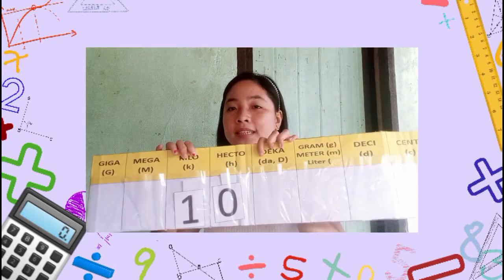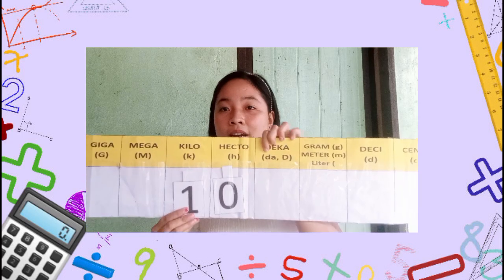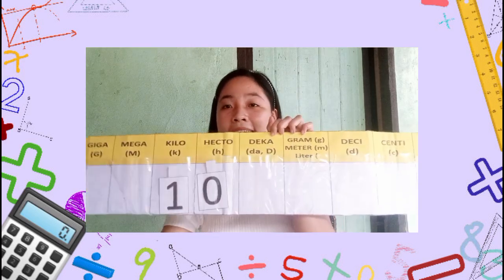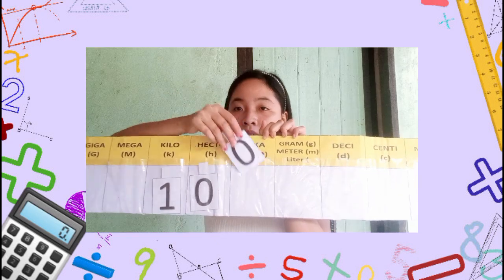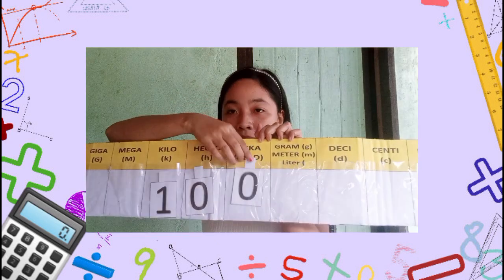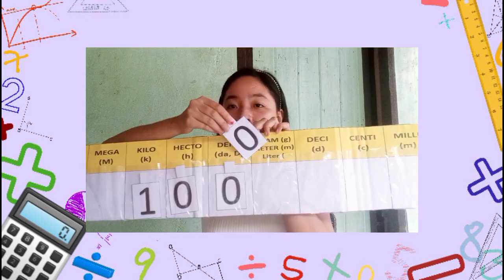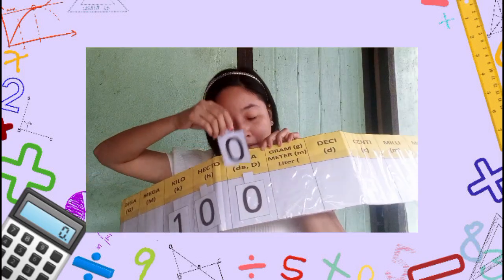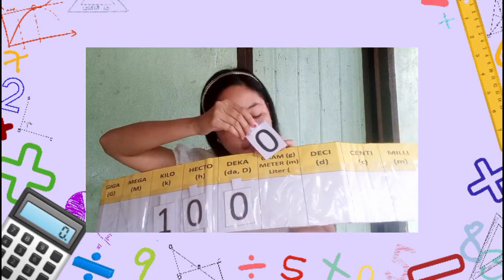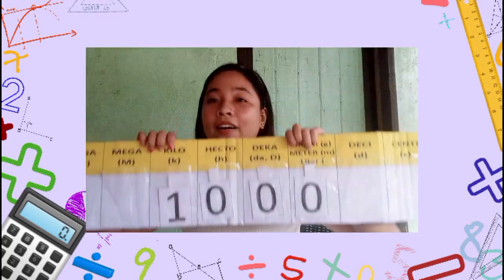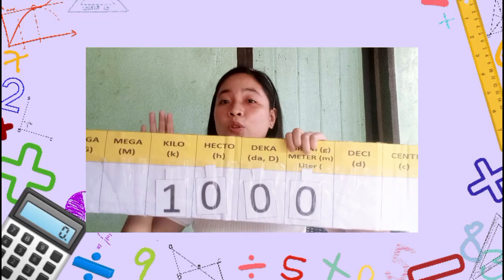So 1 kilometer is equal to how many meters? In order to find out, we need to add another 0 until we fill out all the spaces of the units that we need to convert.